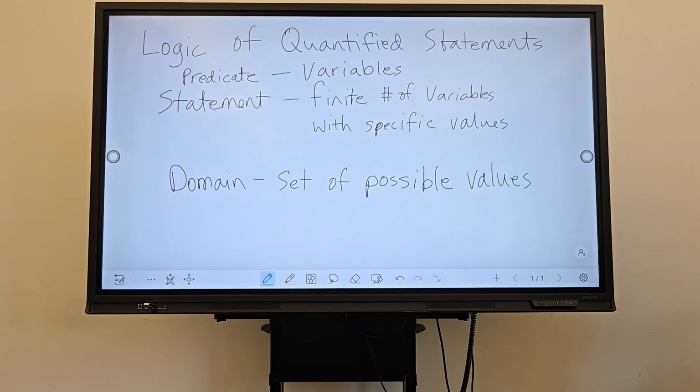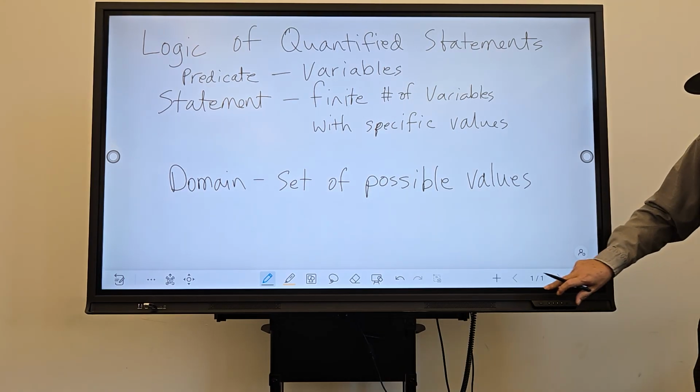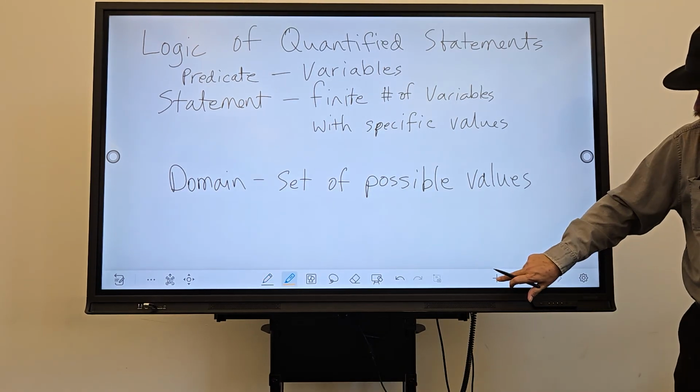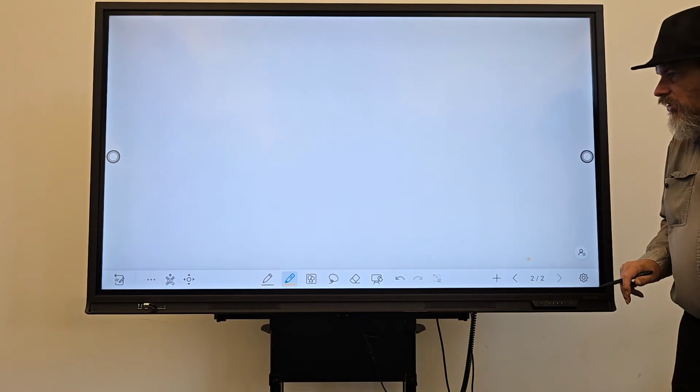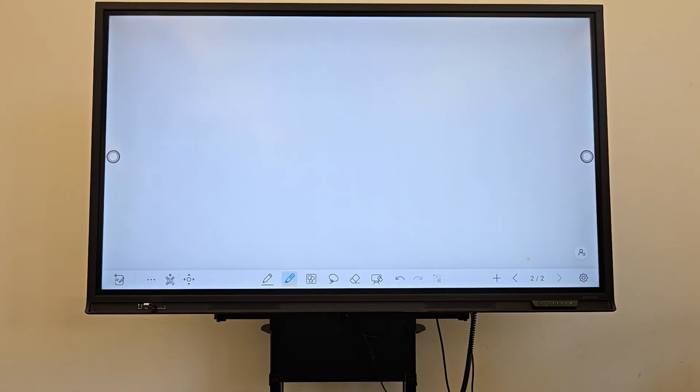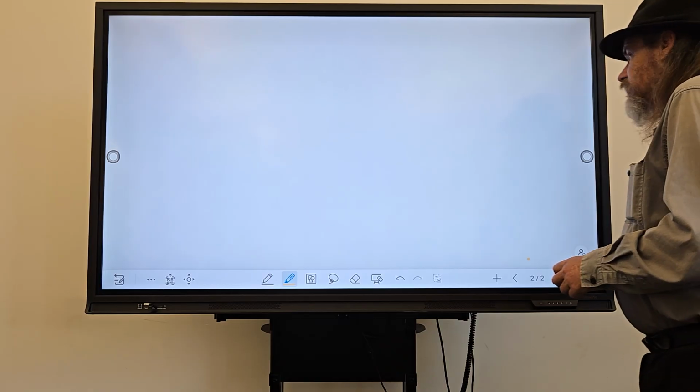So, finding the truth values of a predicate. Take P of X as the predicate.